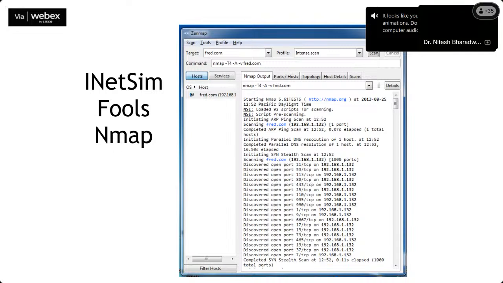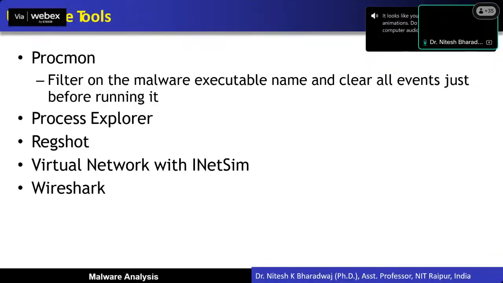It can fool Nmap also for scanning. Nmap uses network protocols for scanning the details from the network or the devices. So INetSim fools Nmap also. We have different other tools which can be used for analysis.